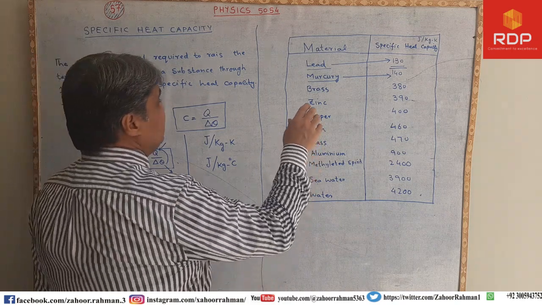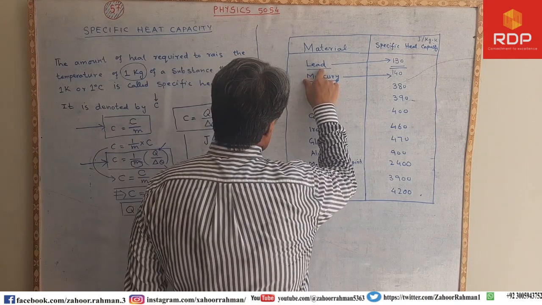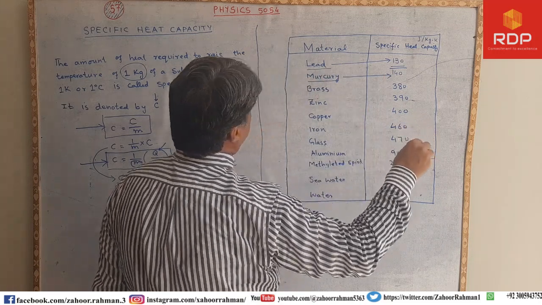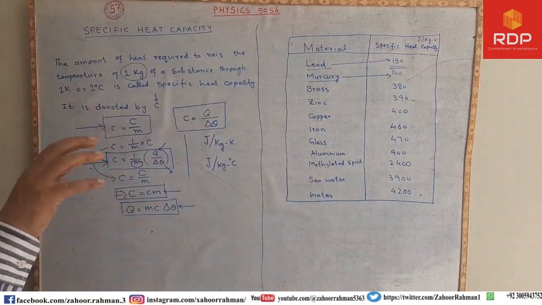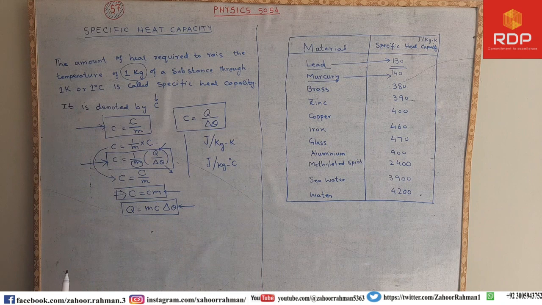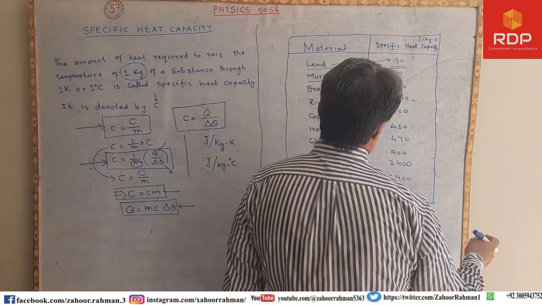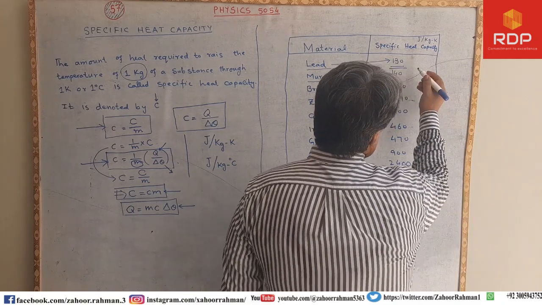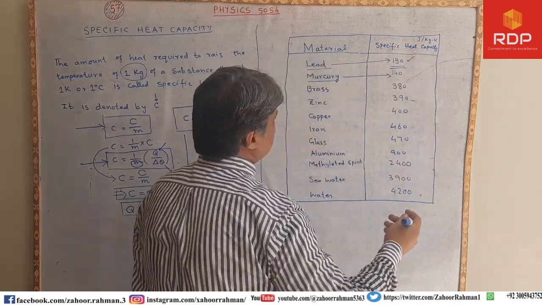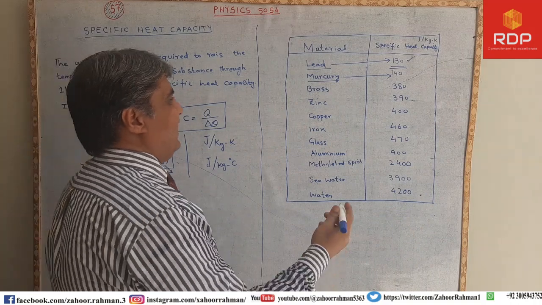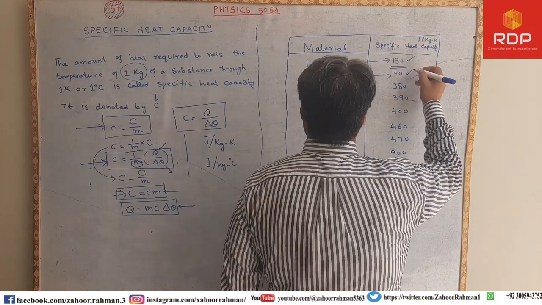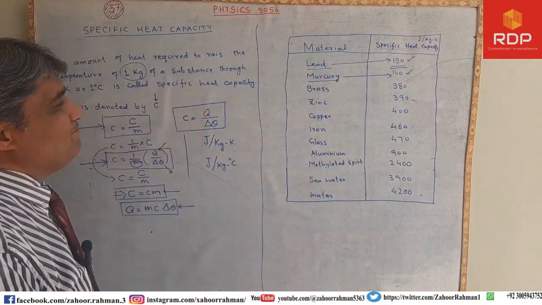When the completion of energy in the molecules is occurring, then after that it will start rising the temperature of the material. So many students are confusing themselves that 130 is a smaller temperature and 140 is a larger temperature.